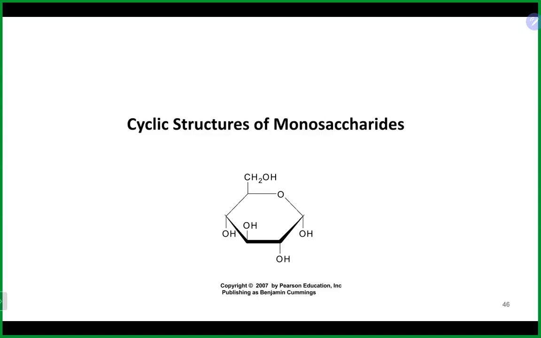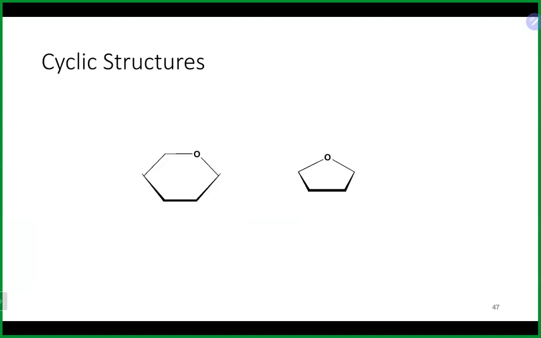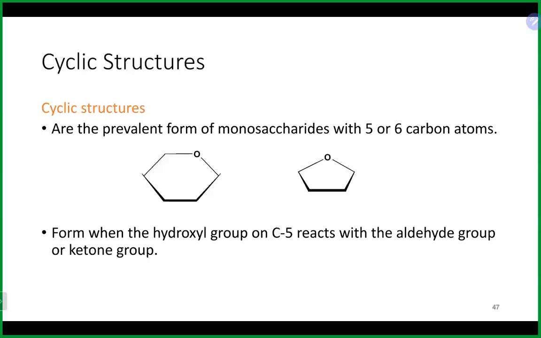These cyclic structures will look very similar to the cycloalkanes that we saw. And they usually will look, as we saw at the end last time, like one of these two structures, very much like a cyclohexane and a cyclopentane type structure.